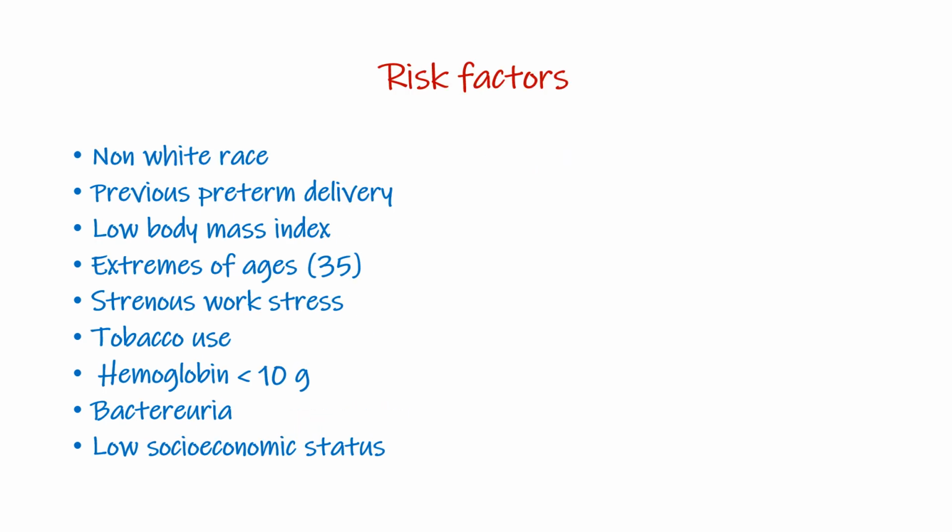The next factors are just a repetition of what we have been talking about, in addition to some new points: non-white race, previous preterm labor, spontaneous or induced abortion, low body mass index, extreme ages, that is greater than 35, strenuous work, stress, tobacco use, hemoglobin less than 10, bacteriuria or infections such as UTI, and low socioeconomic status.